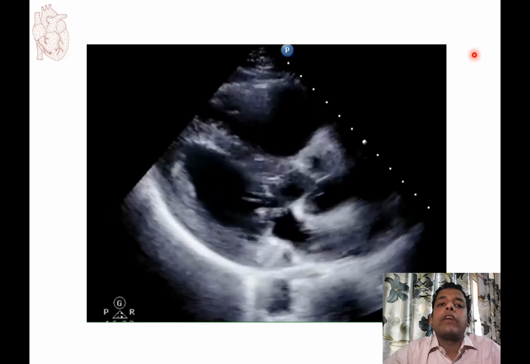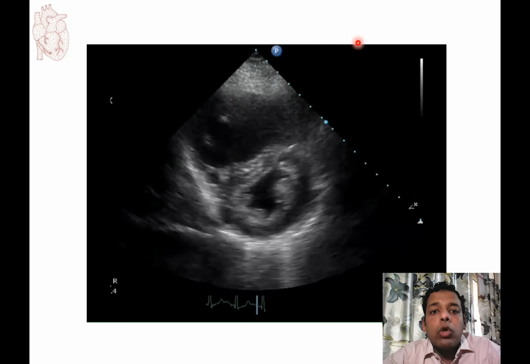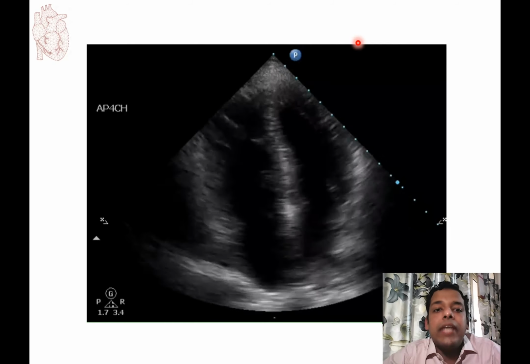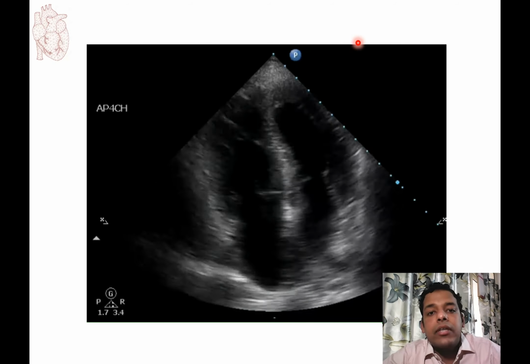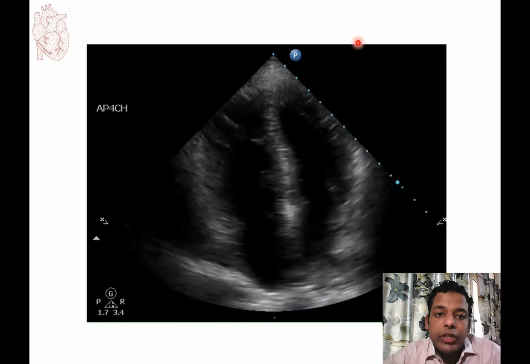This can be recorded from the apical four-chamber view. The tricuspid annular motion during systole is normally between 17 and 28 millimeters. A value less than 17 millimeters is suggestive of right ventricular systolic dysfunction.